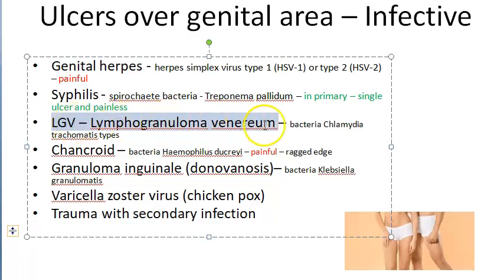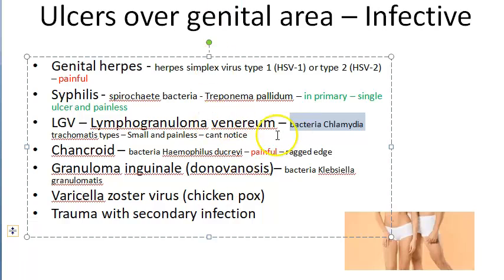Lymphogranuloma venereum. This is caused by certain strains of the bacteria Chlamydia trachomatis. In this one, it causes small and painless ulcers, so small that you almost cannot even notice them. Mostly this bacteria will affect the rectal mucosa.